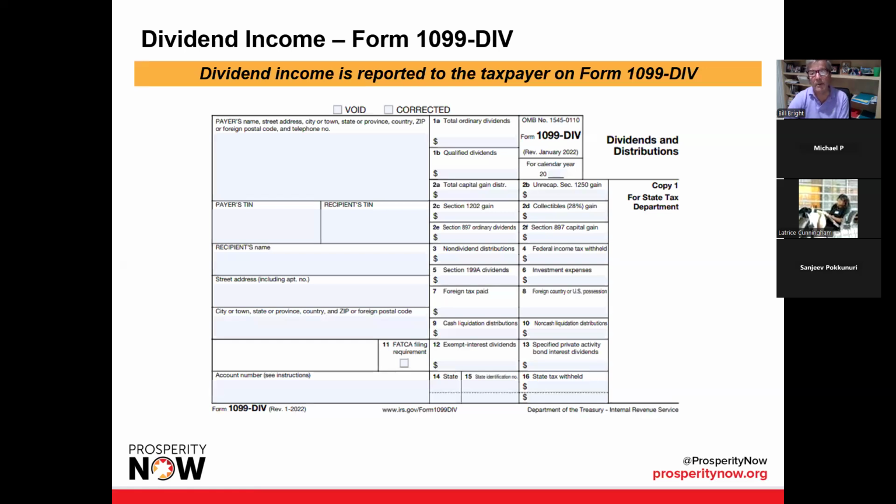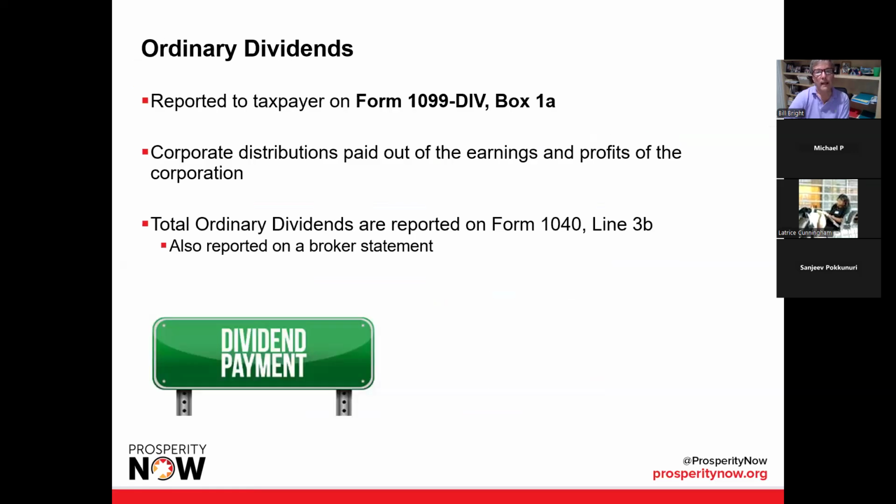Usually box 1A and 1B are identical. Total ordinary dividends usually equal qualified dividends. Again, dividends are distributions that are paid out of earnings and are sent to the client, or they could be such that if they have a mutual fund that owns a whole lot of stocks, it's the sum total of all those dividends.